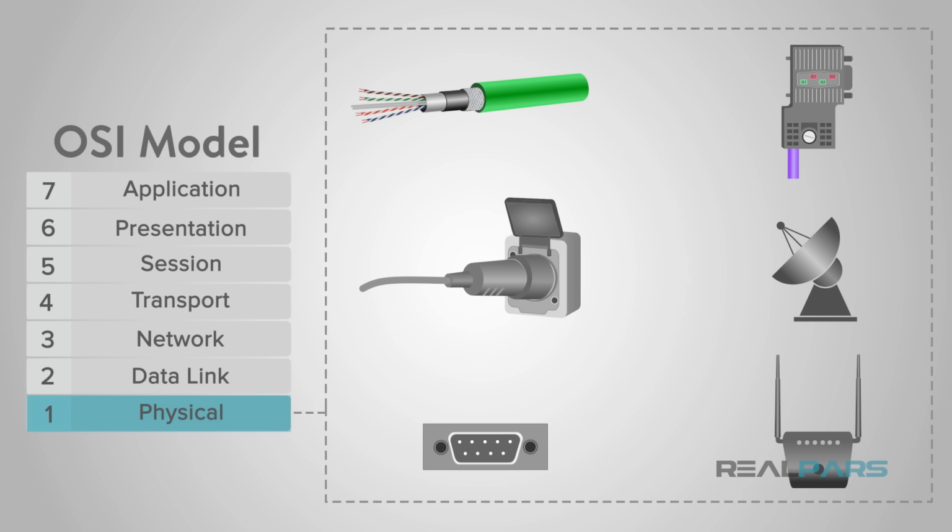Is the device plugged in? Is the wireless card working? At this layer, the model transmits the digital data bits from the source or sending device's physical layer over network communications media, which can be electrical, mechanical, or radio, to the receiving or destination device's physical layer.